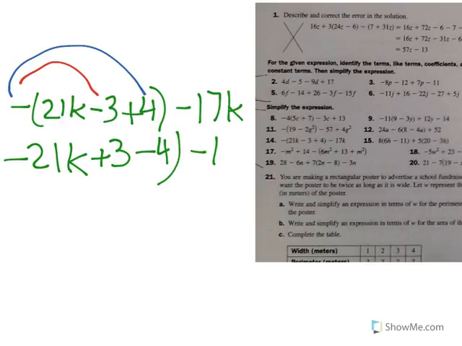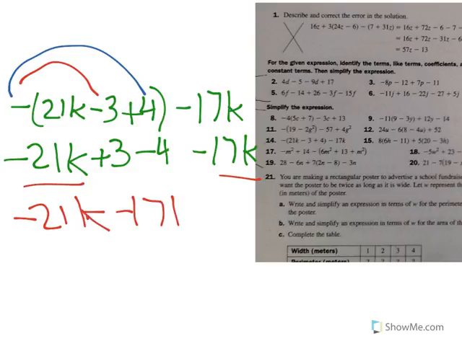Minus 17k. And I can get rid of that little part there. So now what I'm going to do is look for like terms and unlike terms. Oh, these are like terms. Negative 21k minus 17k.